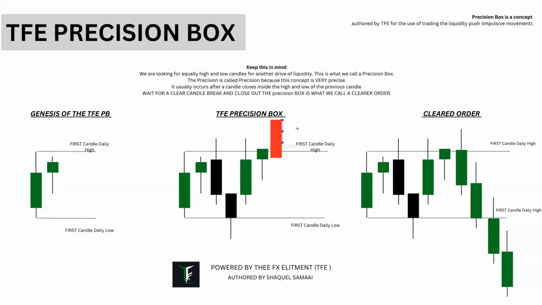Once that is done, you tend to see the market come right back in from the top, boom, right back in, and it tends to leave a little wick behind where it was.